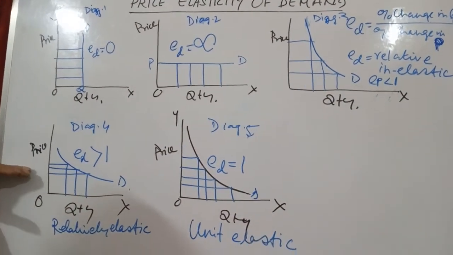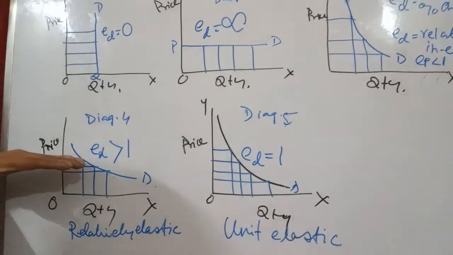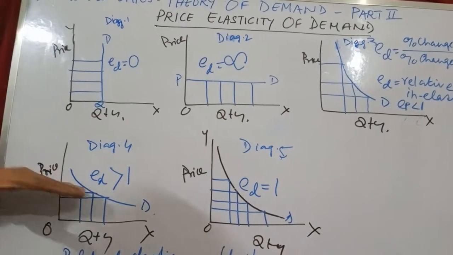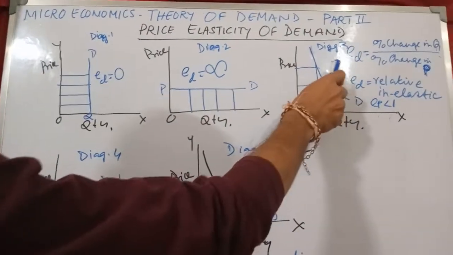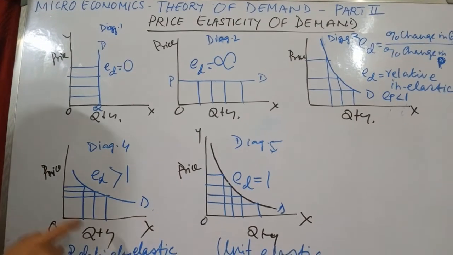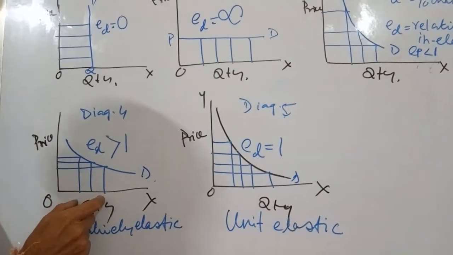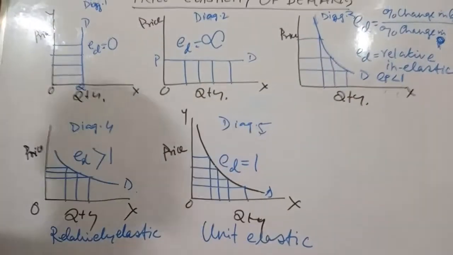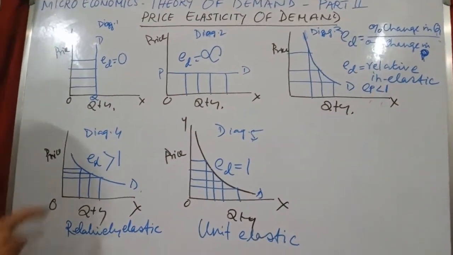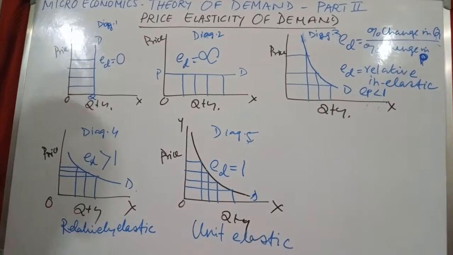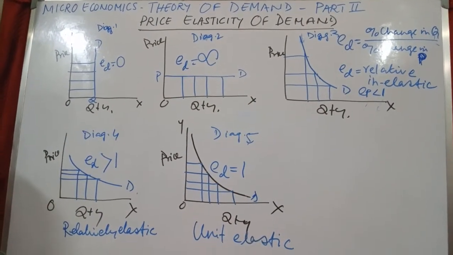Here we have drawn a flatter demand curve, not a horizontal straight line but a bit flatter relative to this steep demand curve, and we see that here proportionate change in quantity demanded is more than proportionate change in price. That is why price elasticity becomes greater than 1. Correct?